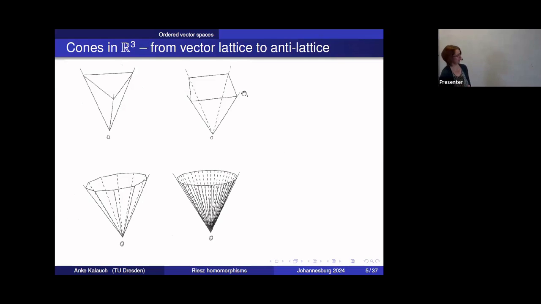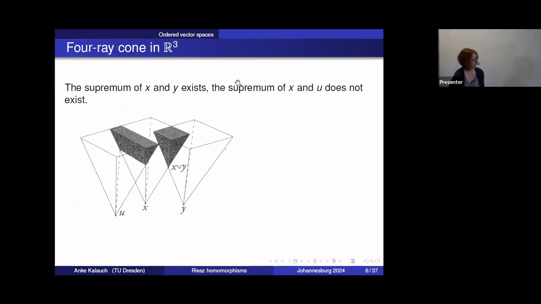I show you why, just geometrically. When you take the Fourier cone, the second example, and you look at all the upper bounds of two elements, sometimes, like in this case with x and y, the set of upper bounds, this cone here, has the smallest element, so the supremum of the two elements exists.